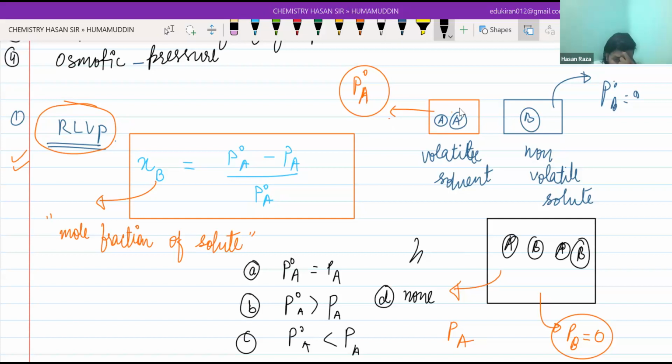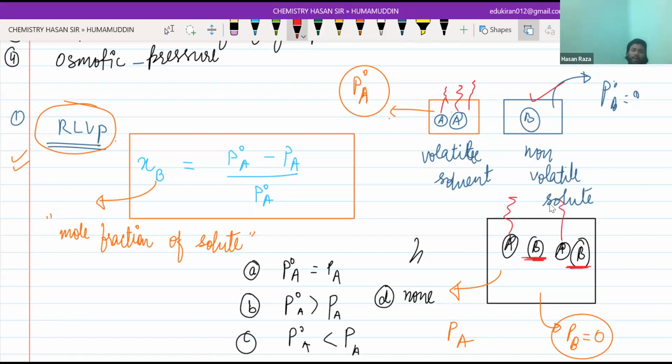So in the previous class, if you remember, if A is pure, all the surface molecules will be evaporated. But when you mix a non-volatile solute, some of the surface will be covered by this non-volatile solute and it cannot vaporize. It will not create any vapor pressure.